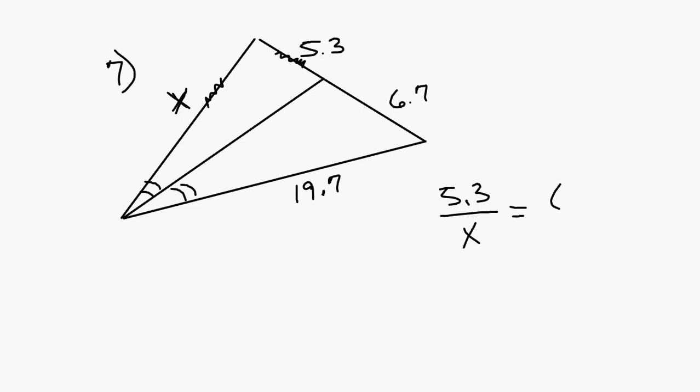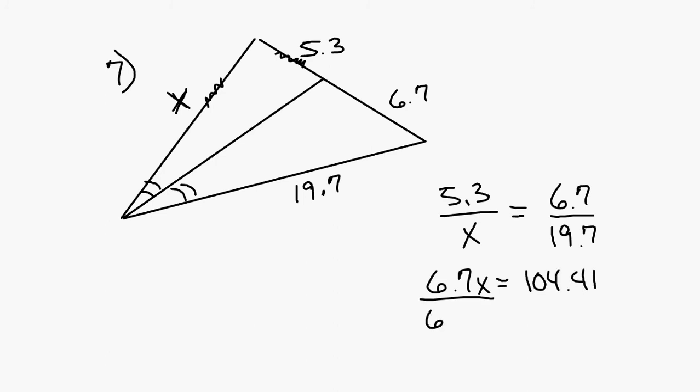So crisscross multiply, and 6.7x equals, somebody help me on the 5.3 times 19.7. And then we're dividing by 6.7. 15.58 to the nearest tenth is 15.6. X equals 15.6.